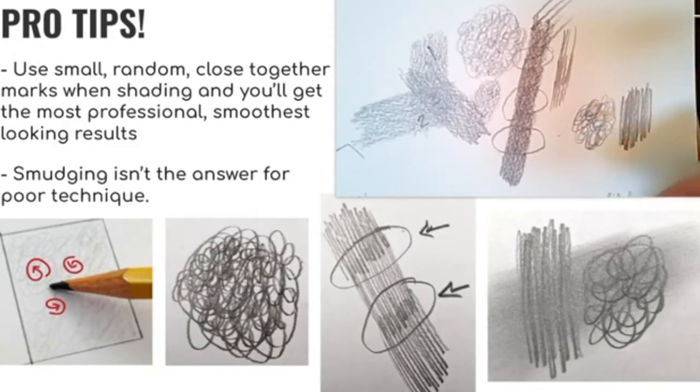Okay, your finger has oils on it, and you're going to embed it into your paper. And then, you know, one of these times that you touch your face and then you touch your paper, you're going to end up with this little oil spot, and you're going to find that it is not only going to have different texture and different value, but it's also going to be really almost impossible to erase. Okay, if you're going to smudge, you should use a paper towel or a blending stump, a tortillon instead.